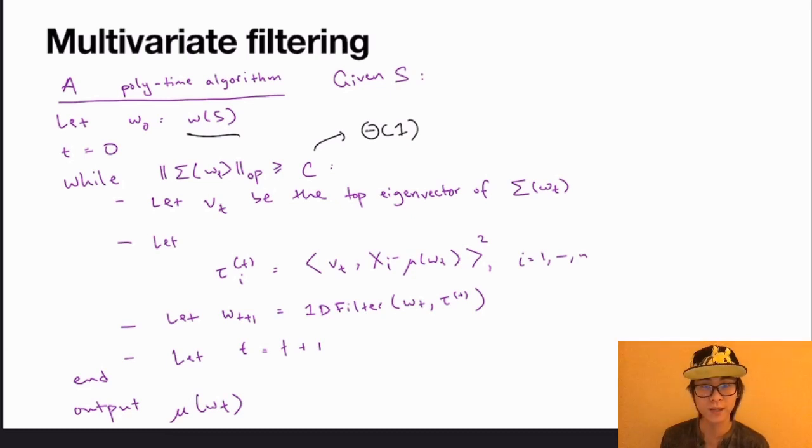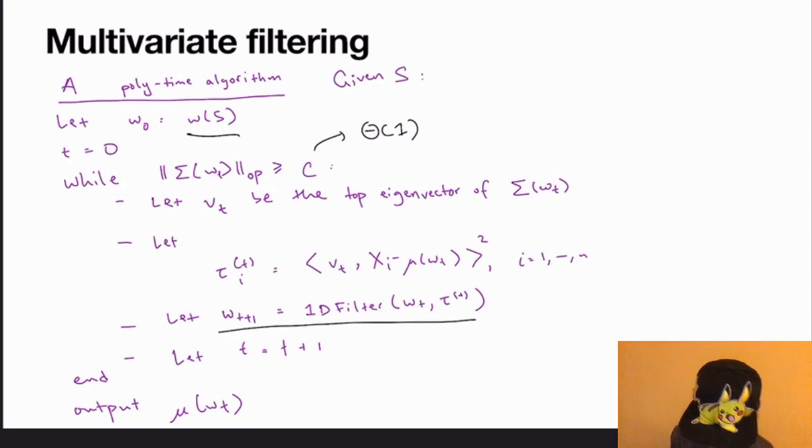Moreover, we can't run for that many iterations, simply because one of the guarantees of the 1D filter was that the support of Wt plus 1 is strictly smaller than the support of Wt. So after n iterations, we would have to have gotten rid of everything. So that means this inner loop can only run for about n iterations. If you put these things together, you get some polynomial runtime.